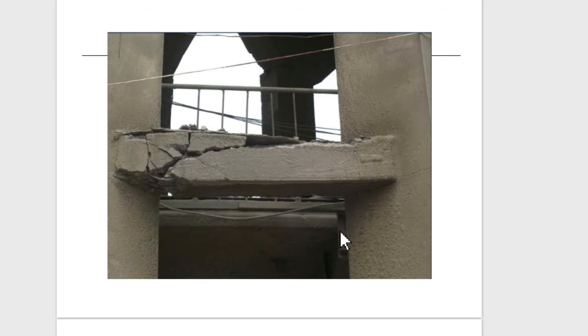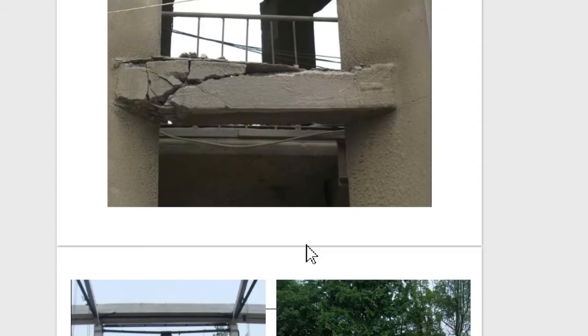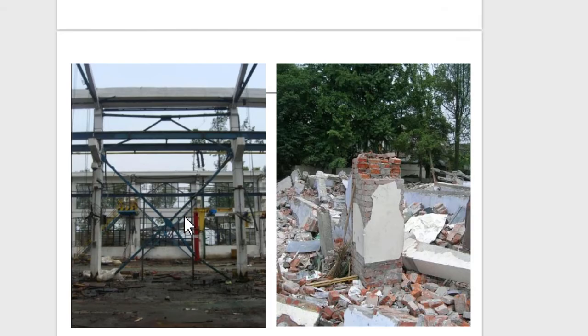In the earthquake, the beam is the first component to be damaged, to be plastically deformed. Then the bracing is damaged, and all the buildings collapse.